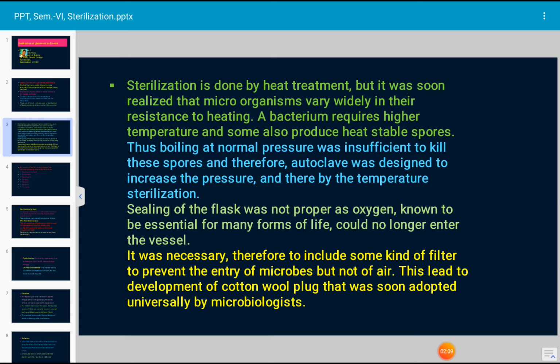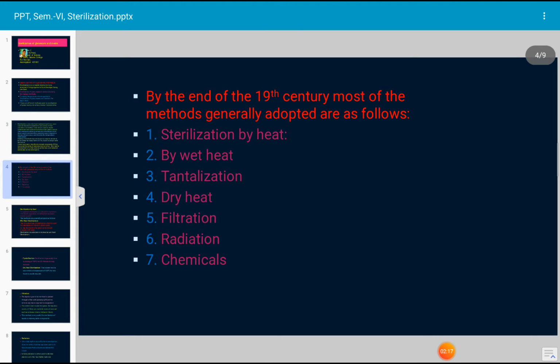This led to the development of the cotton wool plug, which was soon adopted universally by microbiologists. By the end of the 19th century, most of the methods of sterilization had been developed, and they are adopted throughout the world.